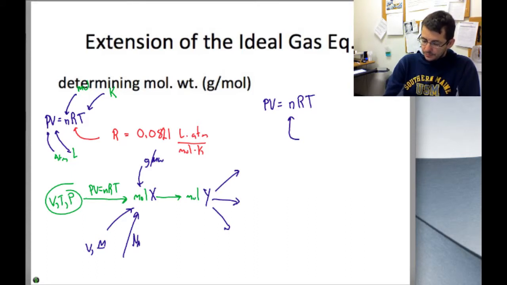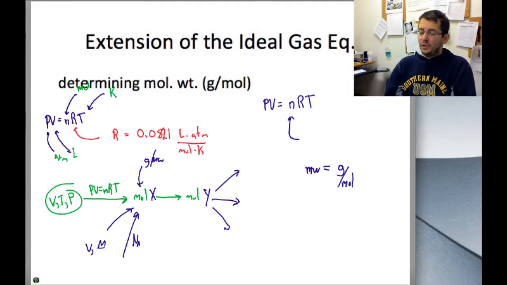But if we look at what molecular weight means, it's defined as the grams per mole of a compound. Usually this is 1 mole: it's the grams per 1 mole, 18 grams per 1 mole of water. That's the molecular weight.